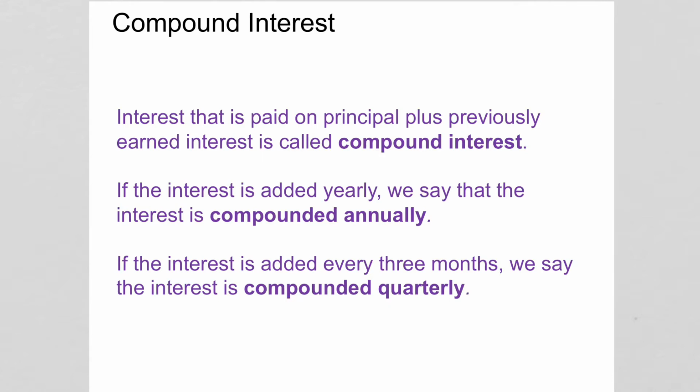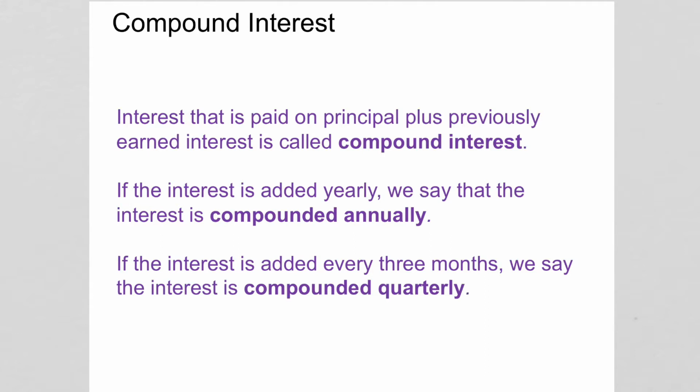Compound interest. Interest that's paid on principal plus previously earned interest is called compound interest. So if your bank is just paying a simple annual interest rate, okay, then you'll use the simple interest formula. But if it's compounding, what that means is, let's say you earned $4 of interest in January, and now you have $104.